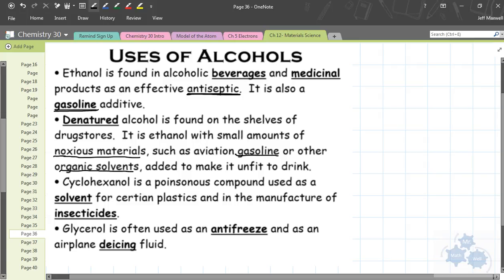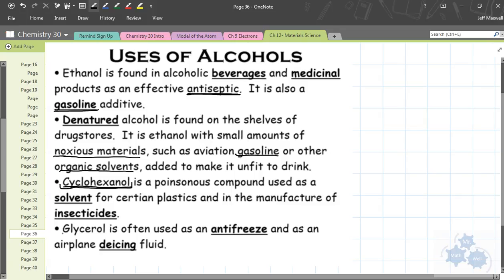Cyclohexanol is a poisonous compound used as a solvent. So whenever you see cyclohexanol on an ingredients list, or on a bottle, you should see a poison symbol there. It's used as a solvent for certain plastics and in the manufacturing of insecticides.